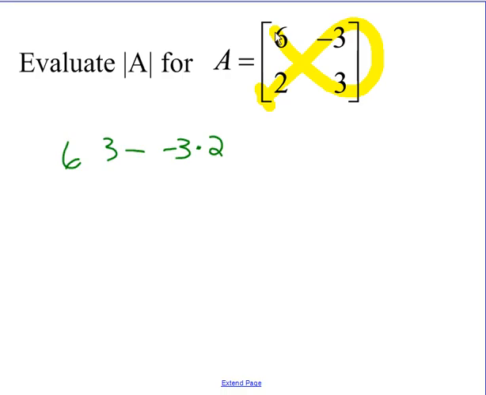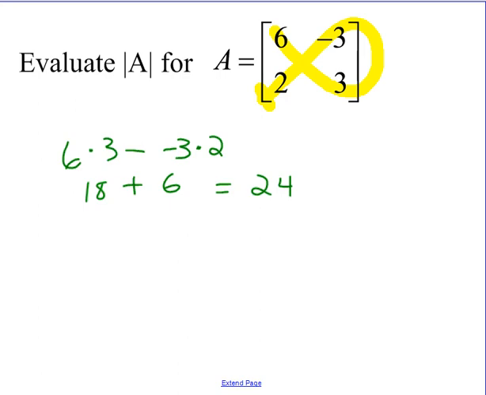I'm not a really big fan of times. So 6 times 3 minus -3 times 2. So this is 18. This is going to be plus a positive 6, and we get a determinant of 24.